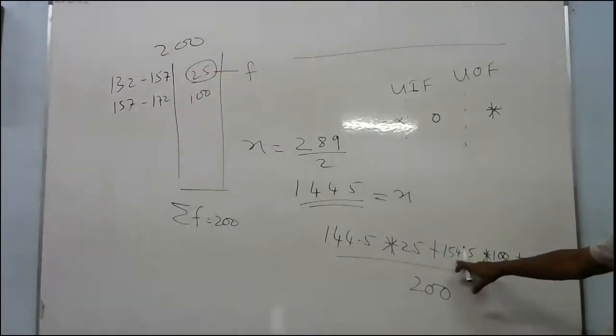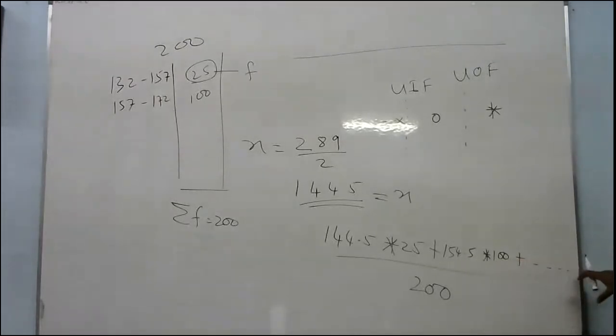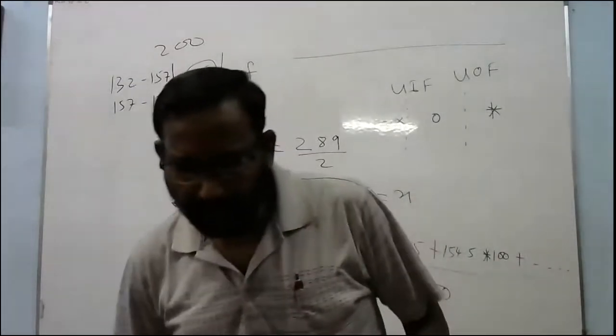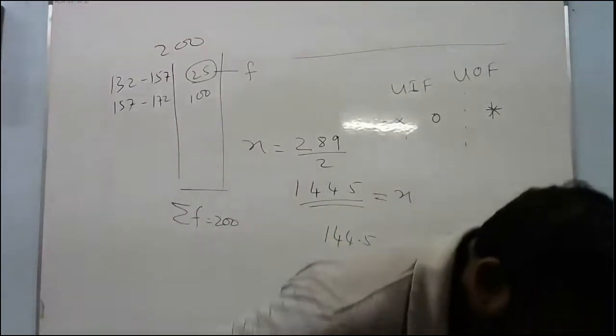So this is our middle value. So likewise, you'll have to find out the middle value for all the categories and get the average, right? Okay. So that is how we'll have to calculate it.